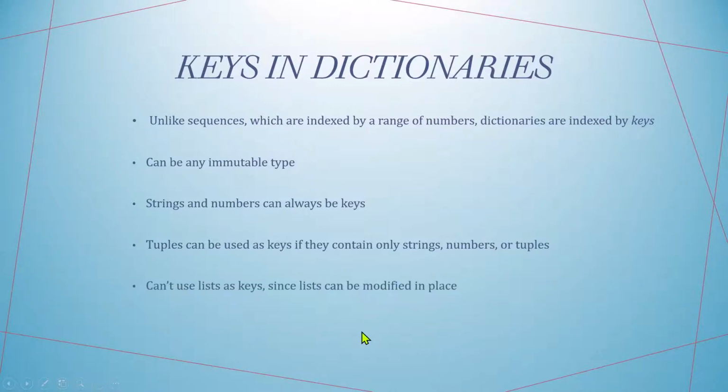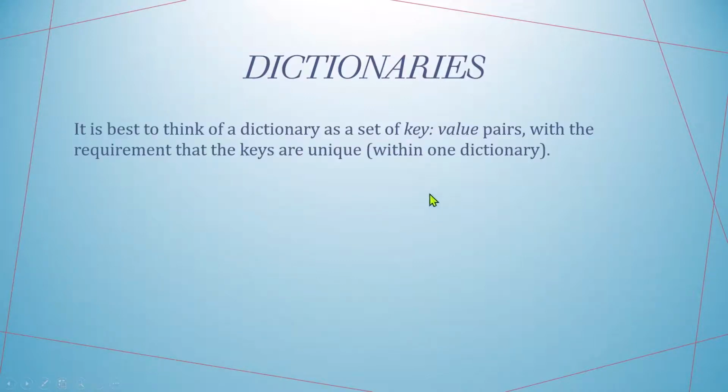Lists cannot be used because, remember, lists are mutable, meaning they can be modified in place. These are what are used as arguments to the hash function. It's best, therefore, to think of a dictionary as a set of key value pairs with a requirement in Python that the keys are unique within one dictionary.